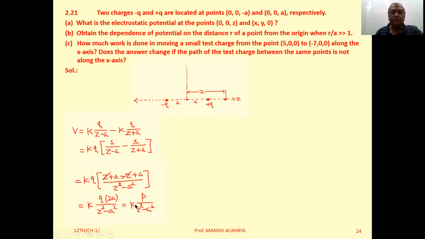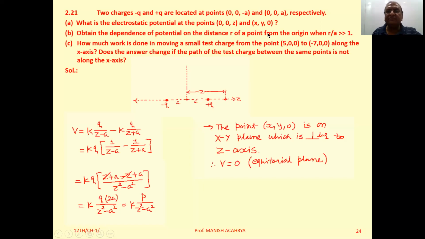So q into 2a is the dipole moment p. So we can write the potential at a point on the z axis at a distance z as kp upon z square minus a square. Clear to all of you?